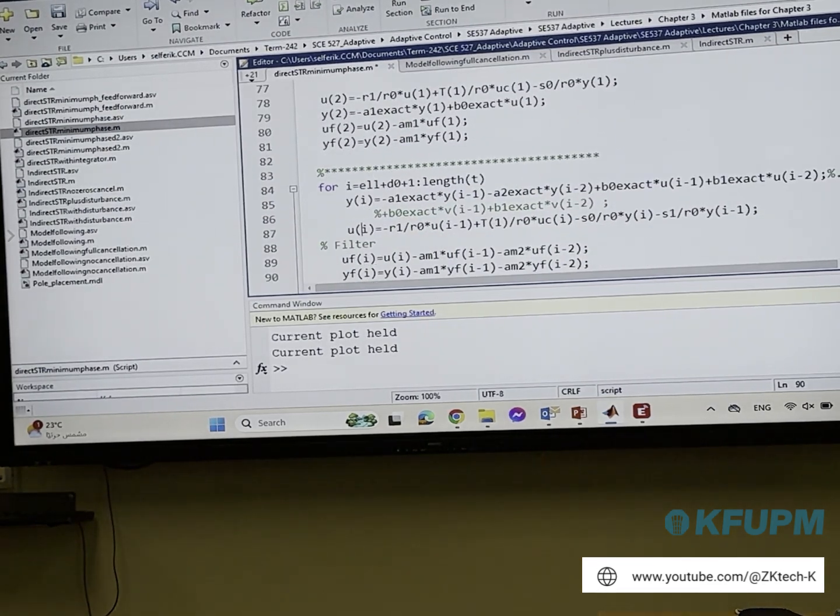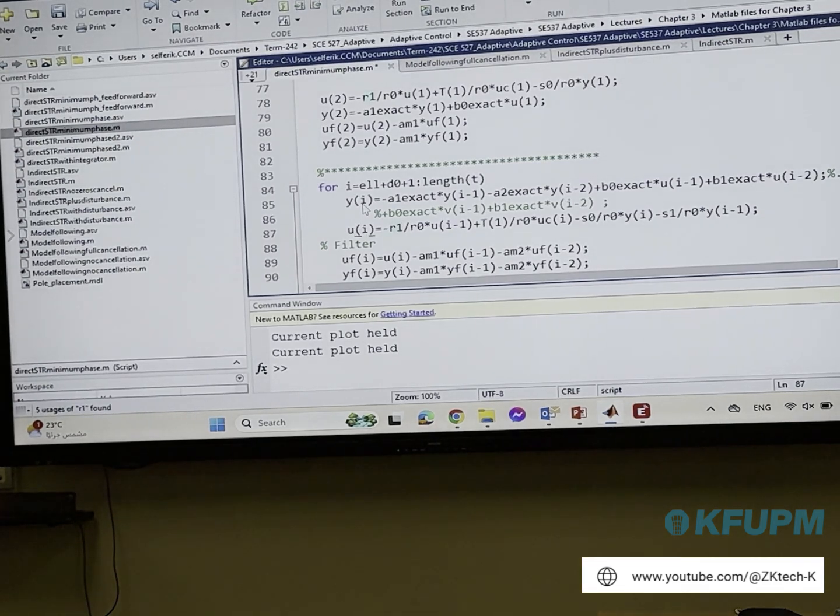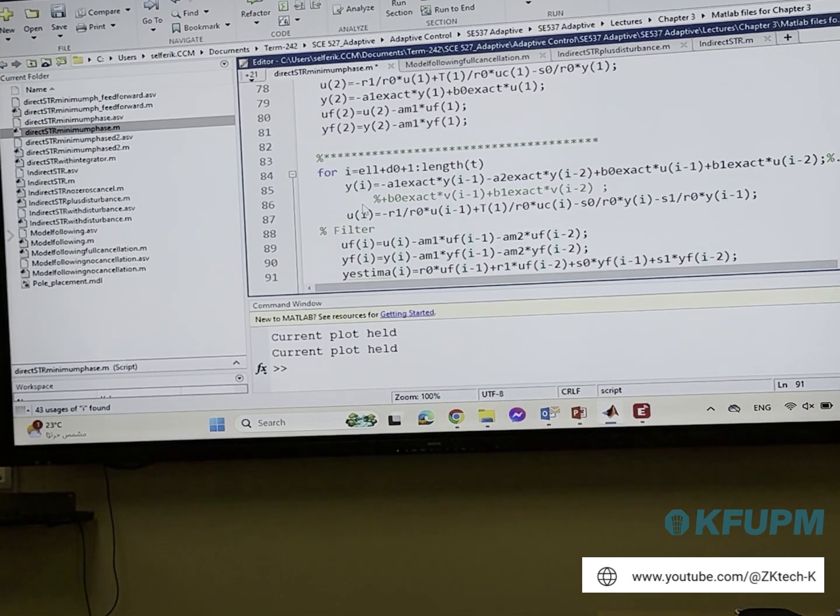In the loop, I have some work that I did, which is including the disturbance at the level of the input, so we ignore it. But this is the value of my controller based on my initial values of R1, R0, and T1, and S1, S0. From here, I calculate the filter based on this U, and you see it's the same equation that I did there. Right? So the filter is just a recursion.